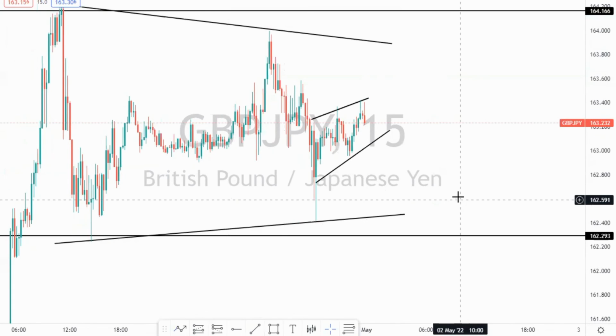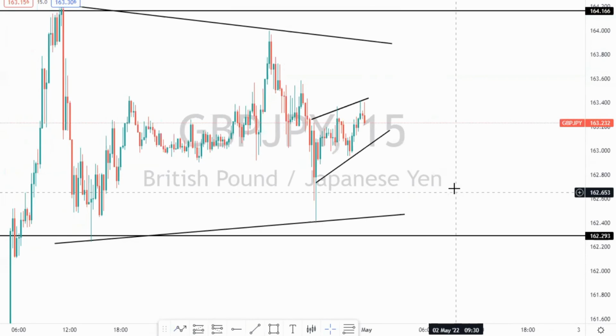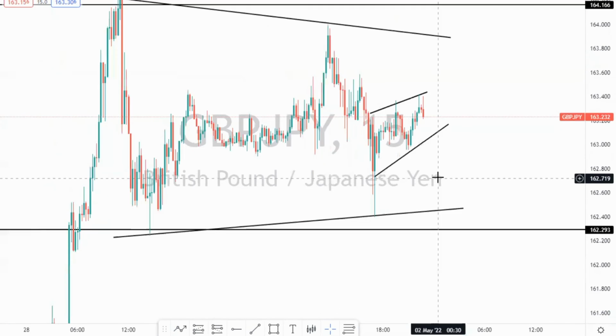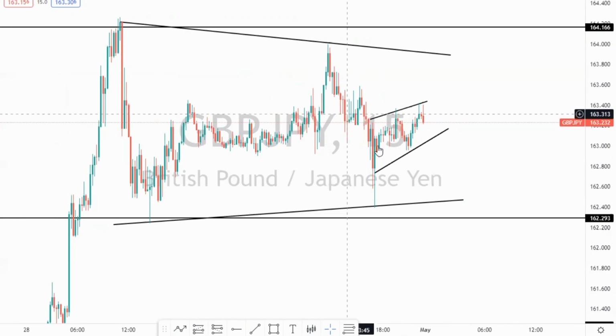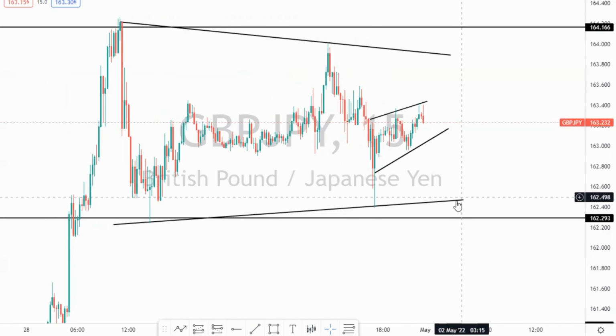So because we have an idea that this could be an inverse head and shoulder, then we should be aware that this is a right shoulder. So because this is a right shoulder, then we should be seeing a continuation through the ups, right?